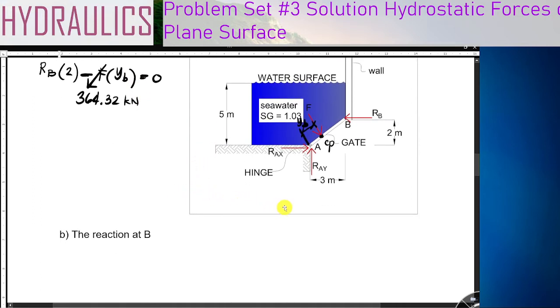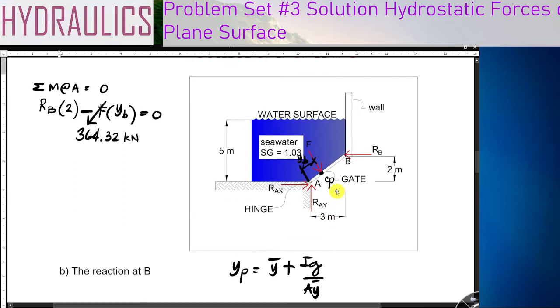From the principle of the location of the center of pressure, Y sub P, Y_P is equal to Y bar plus I_G over A Y bar. I know this formula already, but let's understand where it is in the figure. Y_P is the projected or inclined distance from the center of pressure up to the water surface.